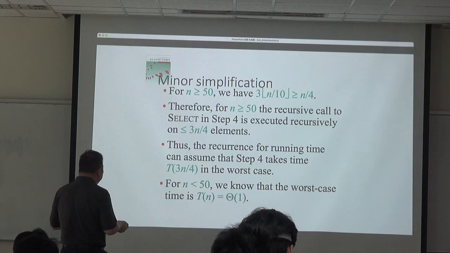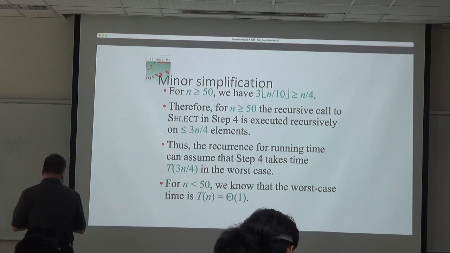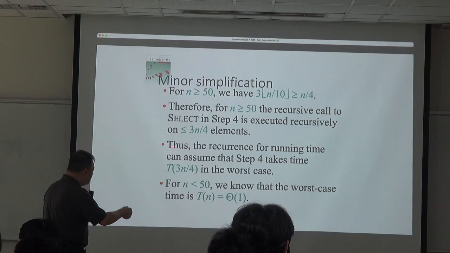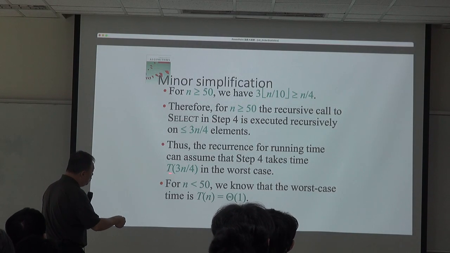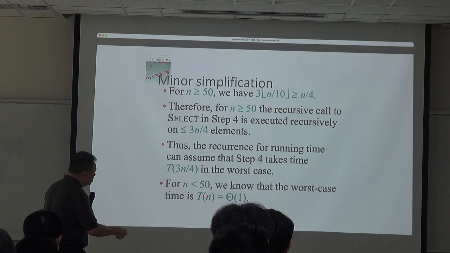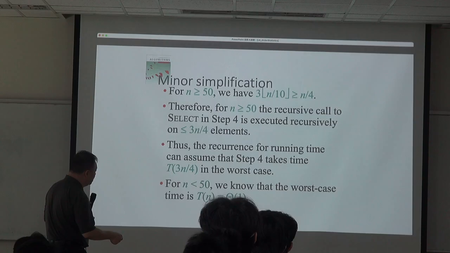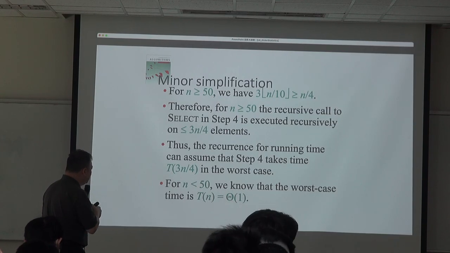So what happens actually? Because we are able to get rid of 1/4 of all the elements, we are able to guarantee the worst case time T(n) is going to be linear.